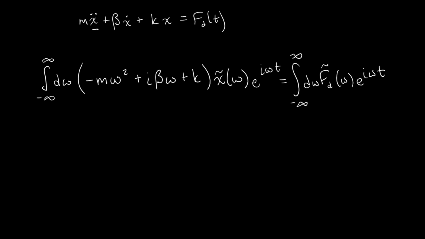Another way of seeing it is you can just do the Fourier transform on both sides and it'll get rid of all of the integrals and exponentials. And we'll just be left now with this nice algebraic equation.